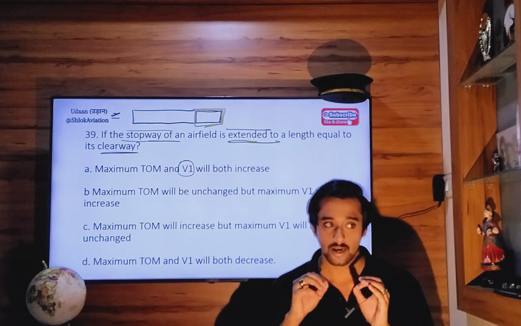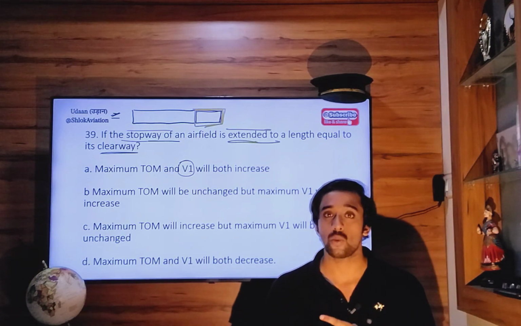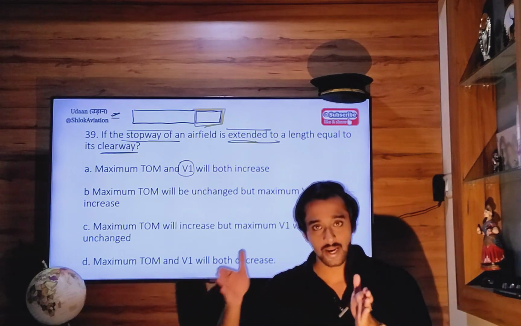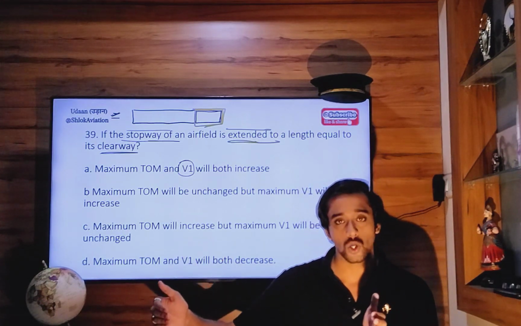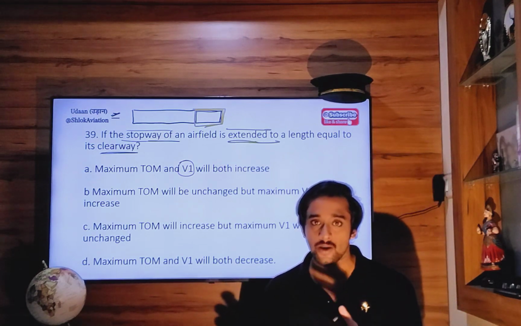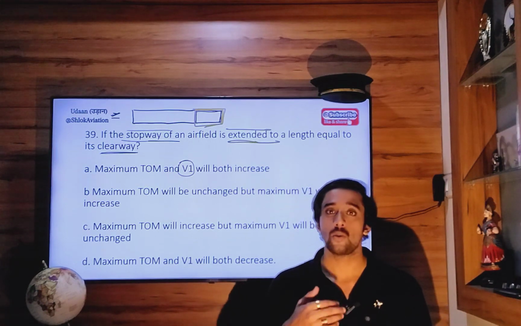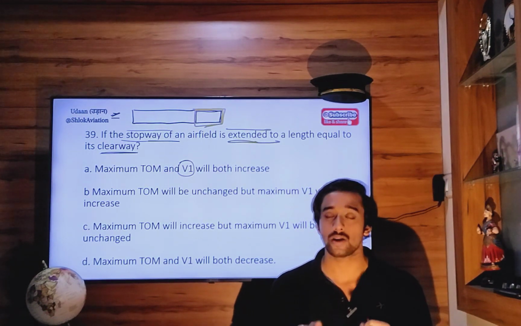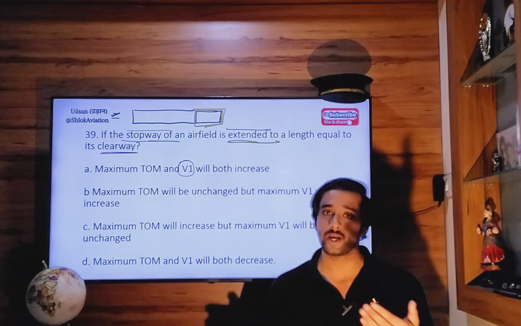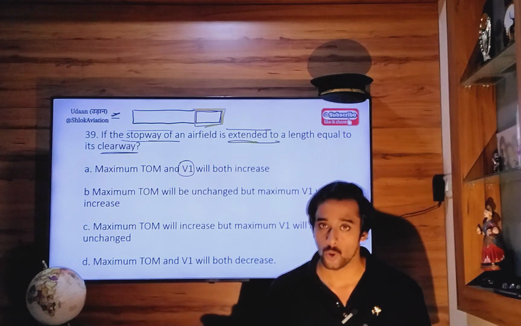Now this highly accelerated, high momentum aircraft will require much longer distance to decelerate and come to a full stop compared to an aircraft which is lightly accelerated, whose momentum is not that high, right? So high momentum objects or heavy objects will require longer distances to come to a stop compared to light objects or light aircraft whose acceleration speeds are very slow, correct?